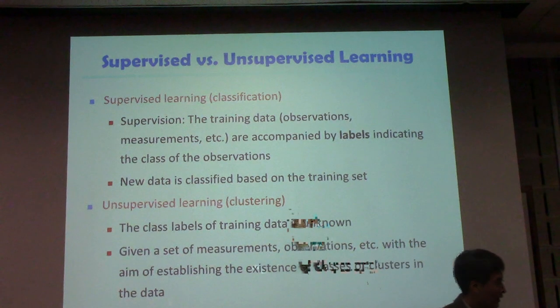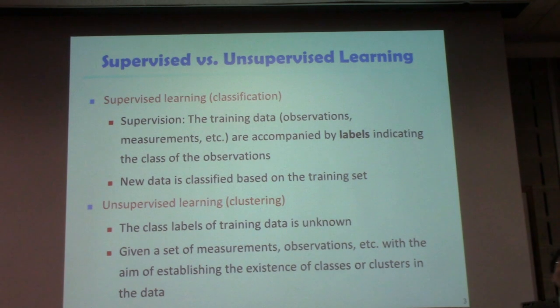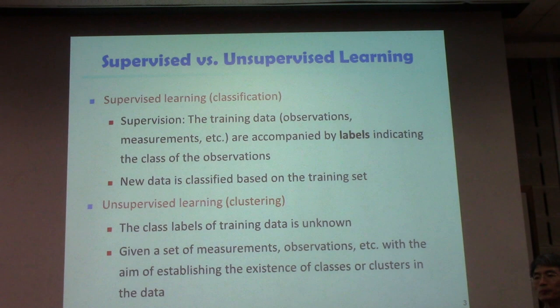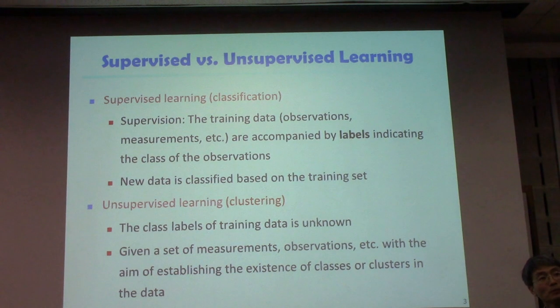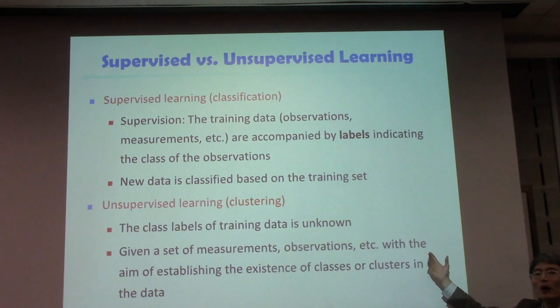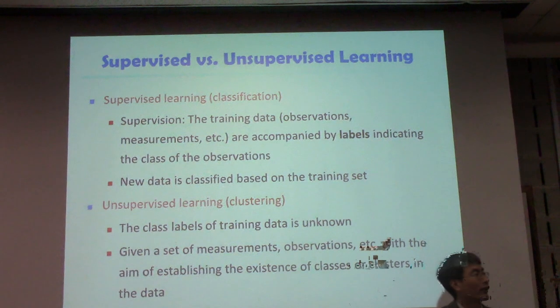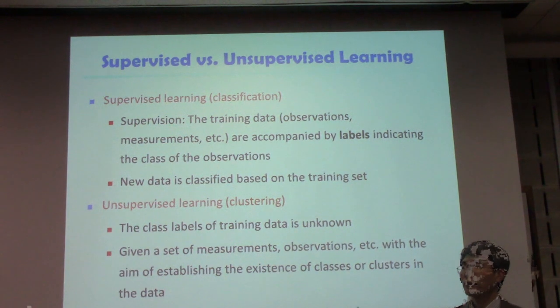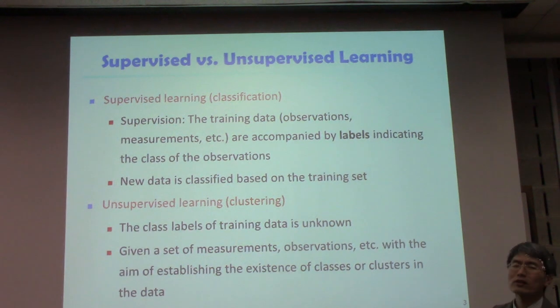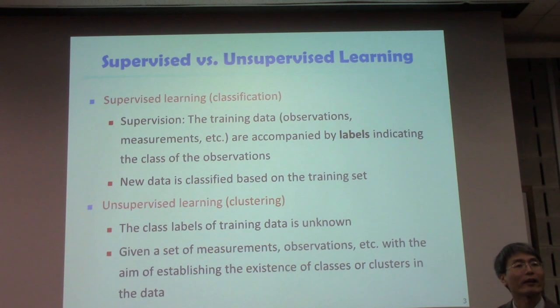Which one is more attractive? The unsupervised. Clustering is attractive, but most of the real applications use supervised learning. One of the reasons is that supervised learning still provides better accuracy.